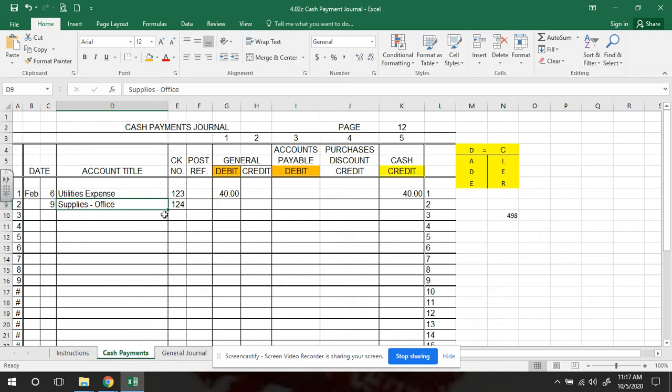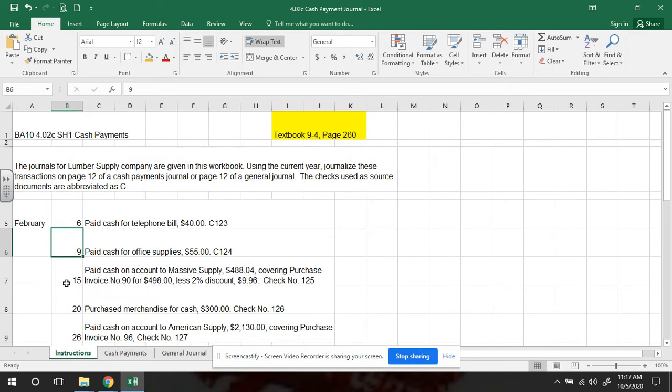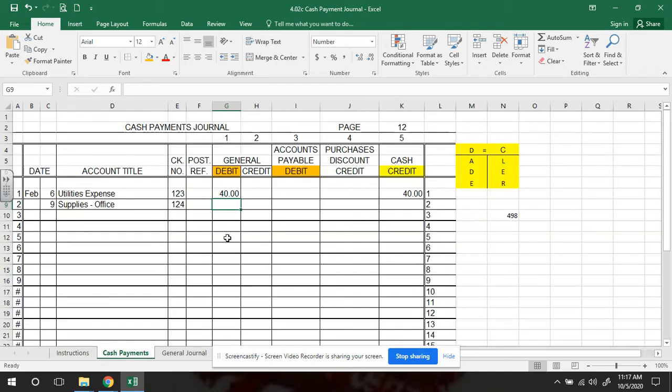Again, office supplies is not an accounts payable. It's an expense, or it's supplies. Supplies are assets, and supplies increase on the debit side, so it makes sense to put it in the debit side. The dollar amount is $55, and I paid out $55 with check number 124.